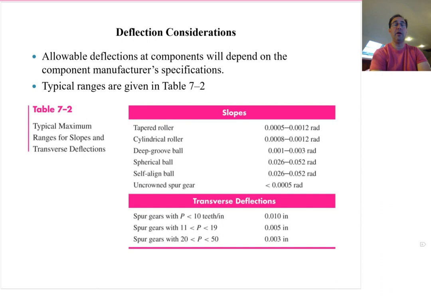Gears and bearings are particularly sensitive to deflection, angular deflection and transverse deflection. Gears can either get mashed too tight together or come slightly out of mesh. Ball bearings and roller bearings don't like to be edge loaded, particularly roller bearings, so they can only tolerate a certain amount of angularity or slope of the shaft. So table 7.2 is particularly useful once you get your finite element data or computations done.